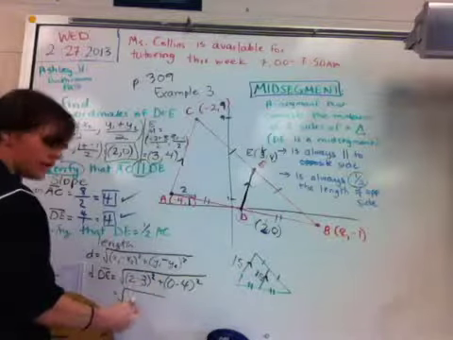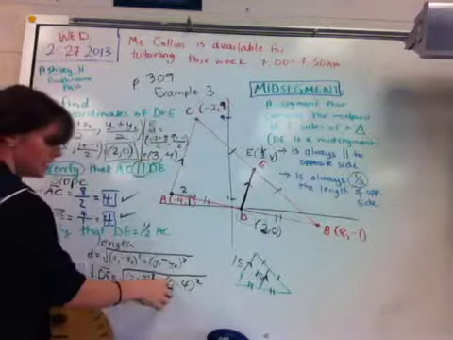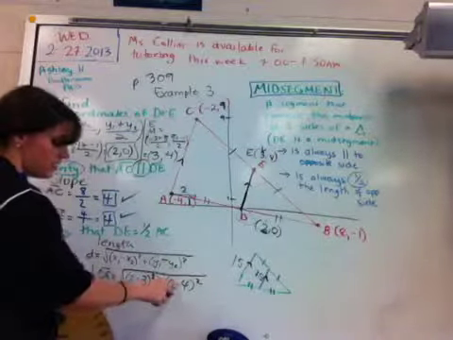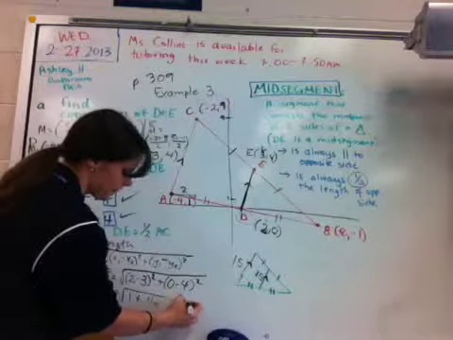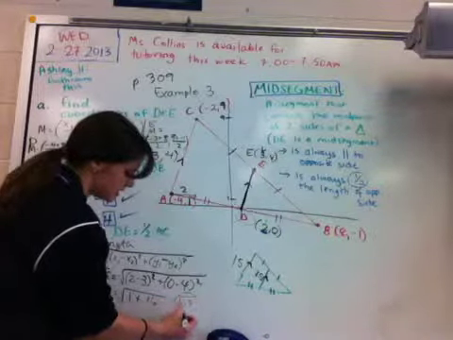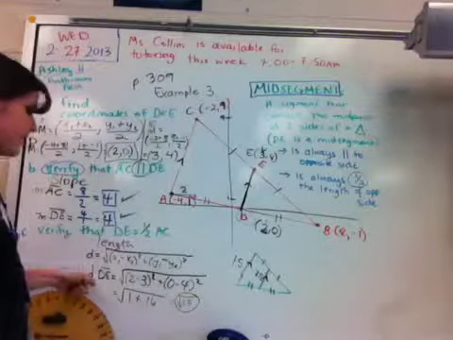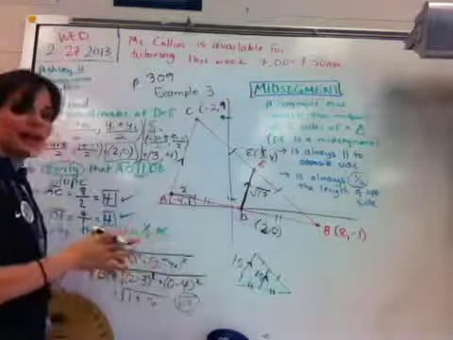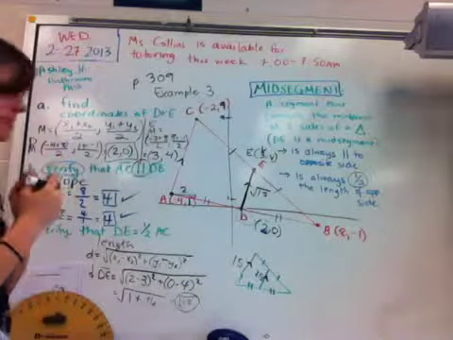Negative 1 squared is a positive 1. 0 minus 4 is negative 4. Negative 4 squared is a positive 16. You are going to get the square root of 17 when you simplify. That's the distance of DE. For right now, I'm going to leave it like that. We will take it to a decimal in just a minute.